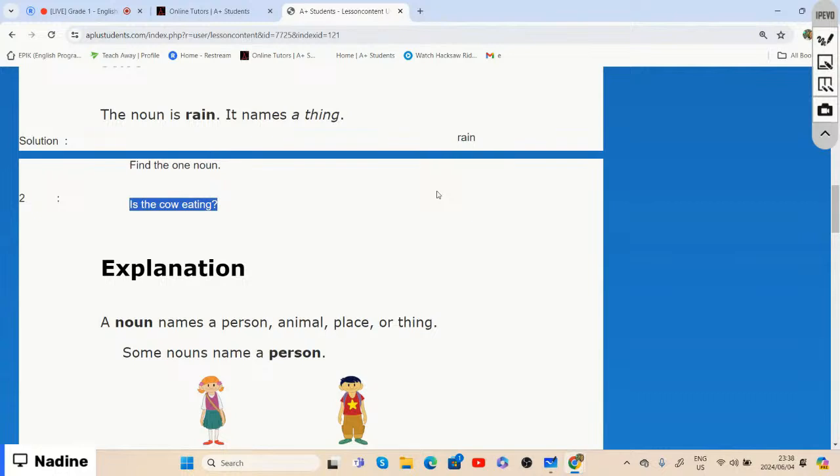So we need to find the noun within that sentence. What is our noun within that sentence?